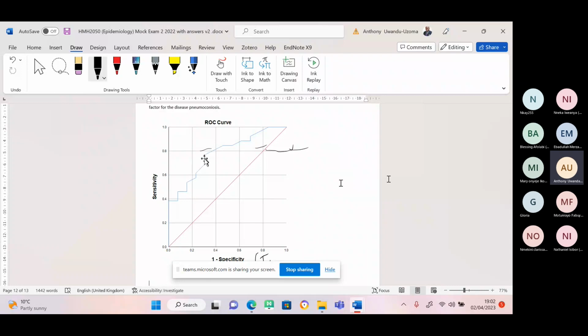I said it is not 0.3 for specificity. It is 0.3 for the false positive rate, which is now equal to 70%. Yes, okay.